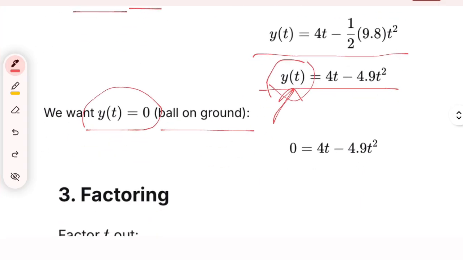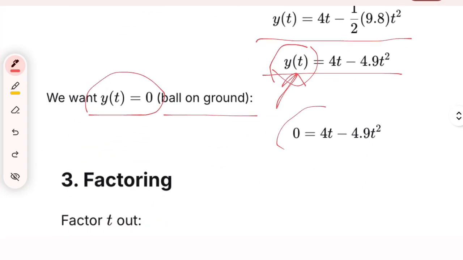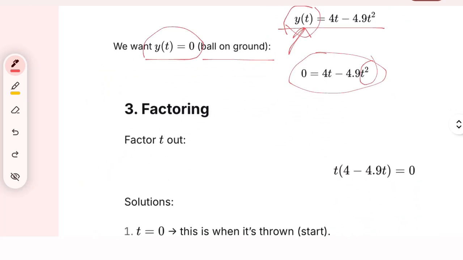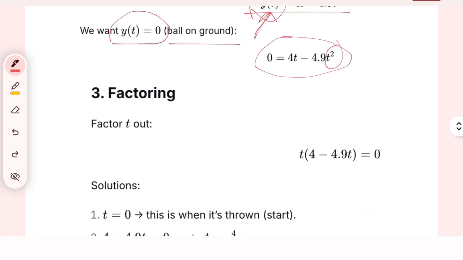If we equate that to 0, that's the equation now, equated to 0. What is left there is the time, t squared. So that means we can actually solve for t. We can start by factoring t out.